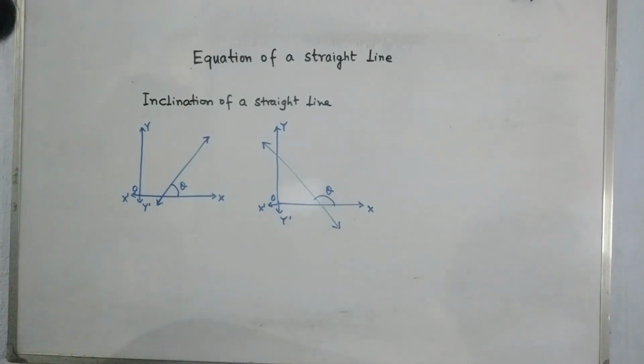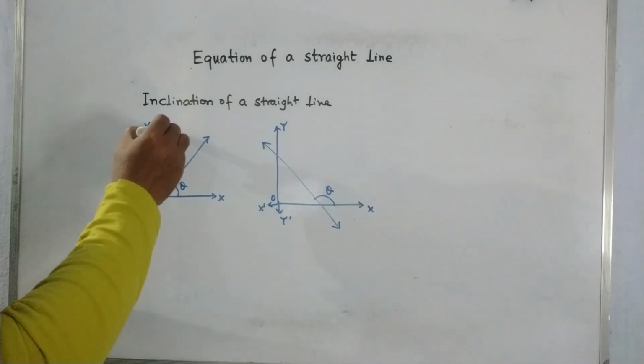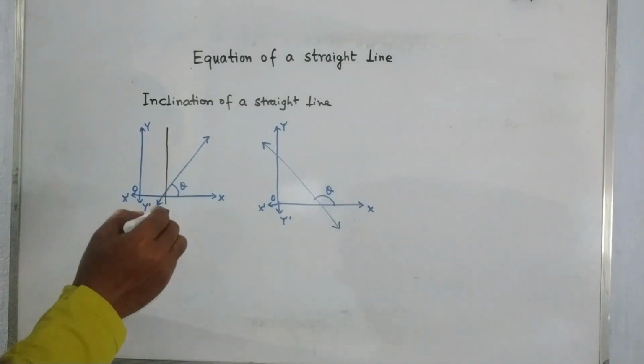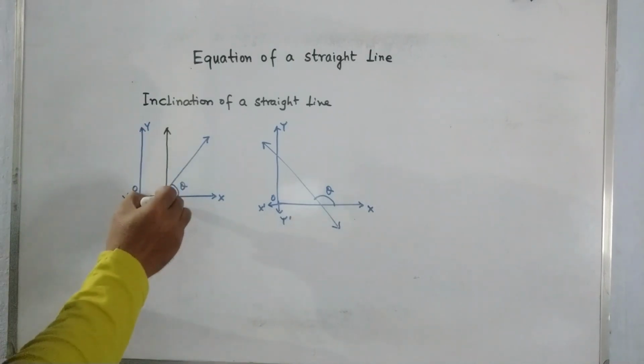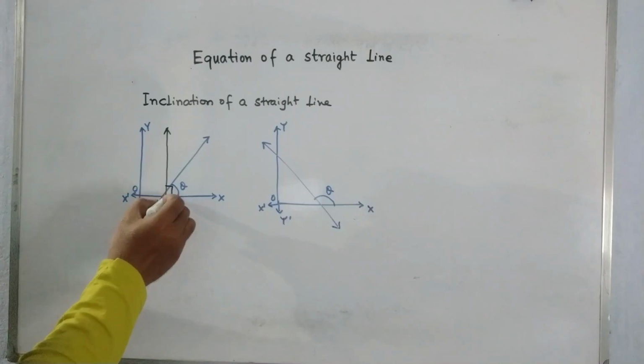In particular, we can say the inclination of the straight line which is parallel to y-axis, what is the inclination? This is 90 degrees.